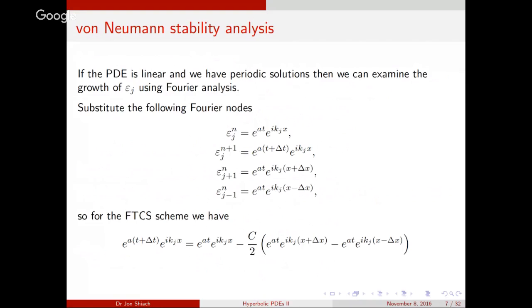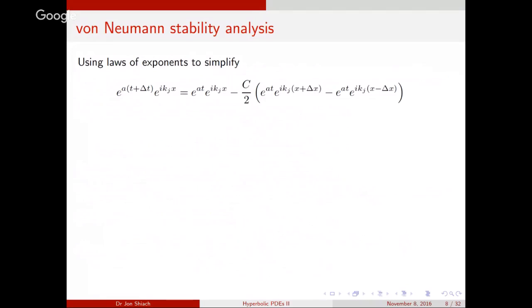Okay. So what we can then do is some simplification, and what we want to do is find an expression for G. Okay, what's that growth in error? So we just use the laws of indices, or laws of exponents, to simplify. So that's what we have. First thing we do, we can replace e to the a(t plus delta t), because that will become e to the a t plus a delta t.